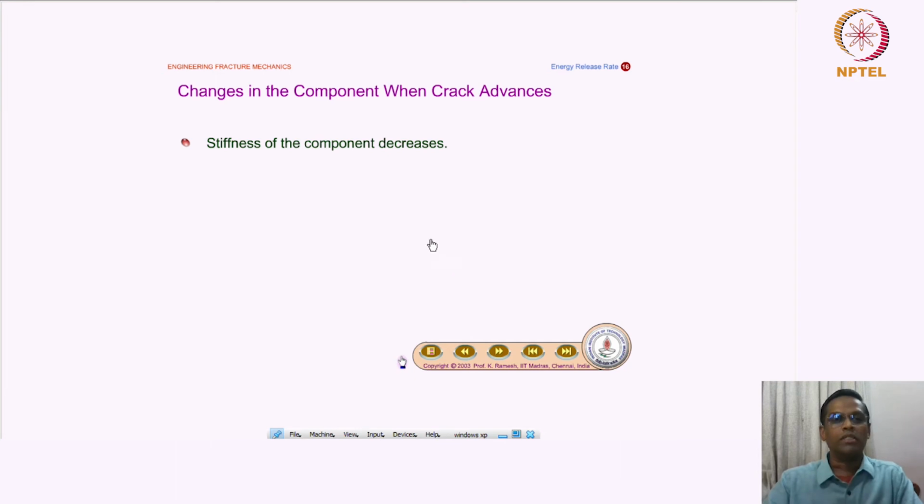So what are the changes in the component when the crack advances? Very important idea. When the crack advances, the stiffness of the component decreases. This is very common sense. If the crack length keeps on increasing, obviously the stiffness of the component will decrease.